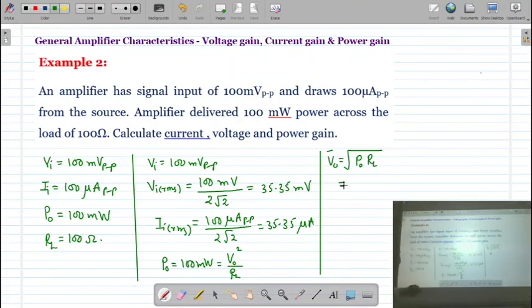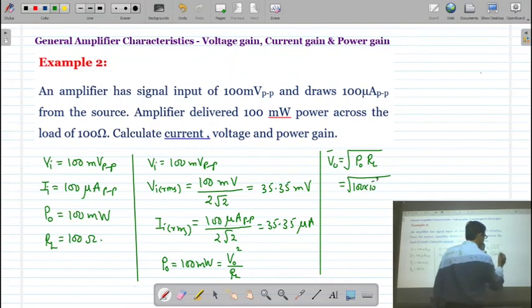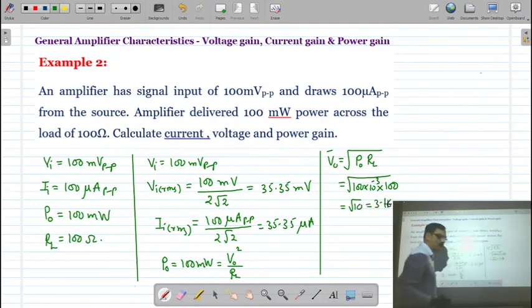And PO is 100 into 10 to the minus 3 because it is in milliwatt. The value of RL is 100, and therefore this output voltage will be the square root of 10, and this is roughly 3.16. Correct? So we have calculated this much.